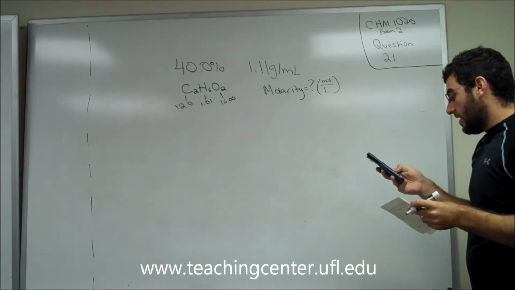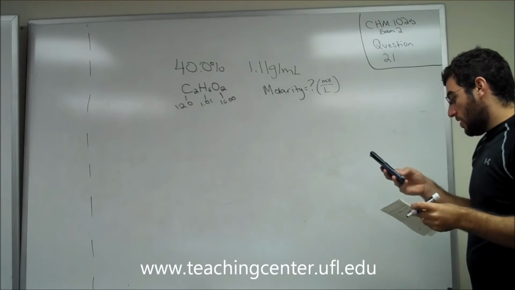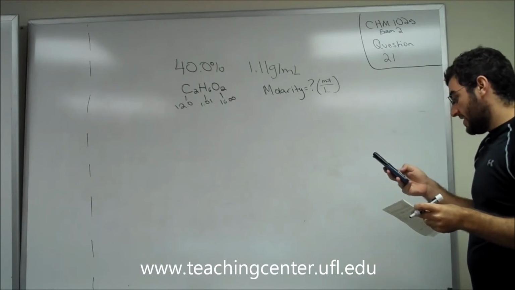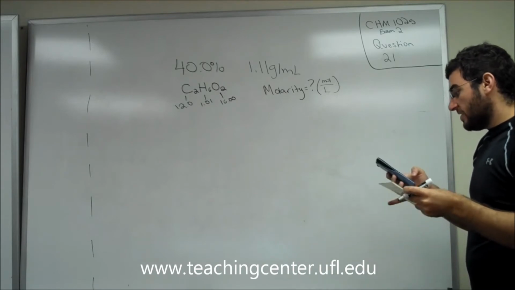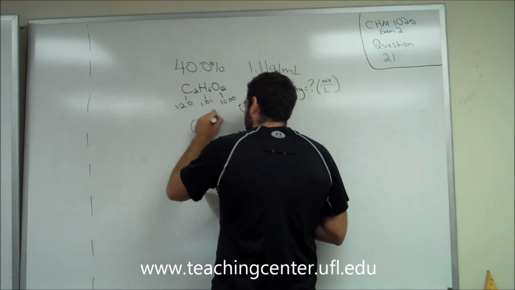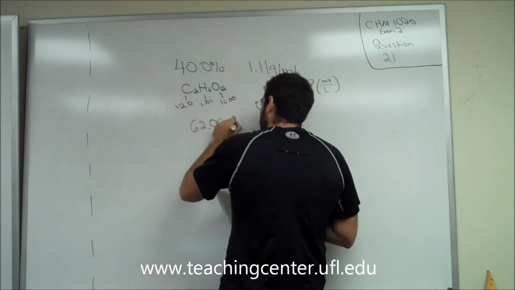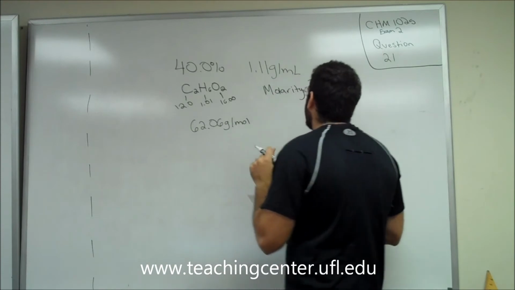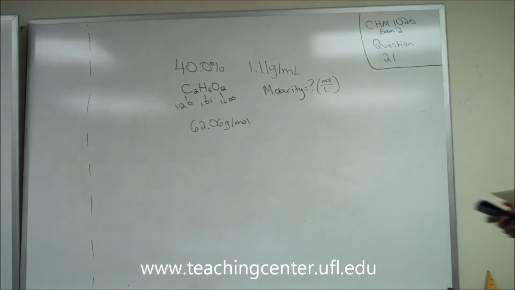So we do 12 times 2 plus 1.01 times 6 plus 16 times 2, which gives us a total of 62.06 grams per mole. So now that we know how many grams per mole it is, we can go ahead and solve our question.